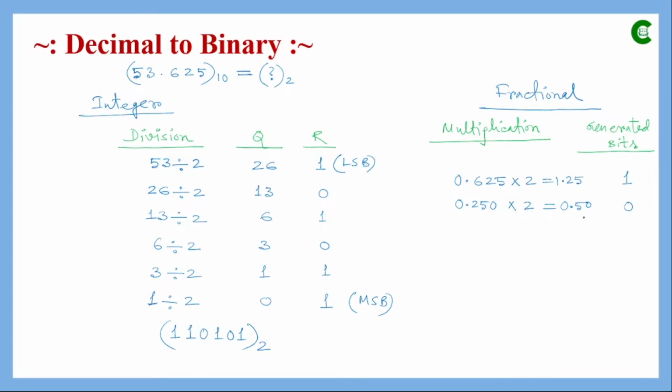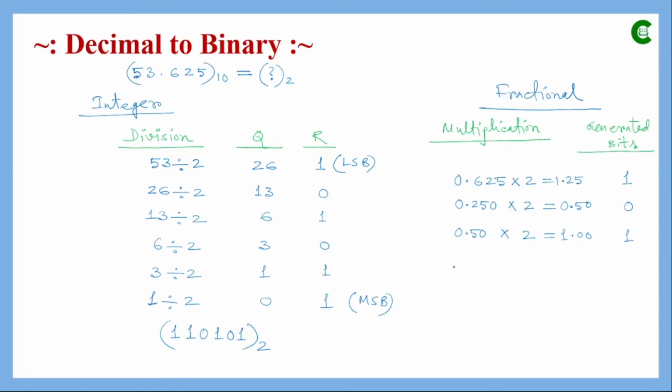Next we will again take the fractional part which is 0.50 and then we will multiply by 2. This time the result of multiplication will be 1.00. So the integer part is 1 and we will record that. And here the fractional part is 0, so we can stop our multiplication here.